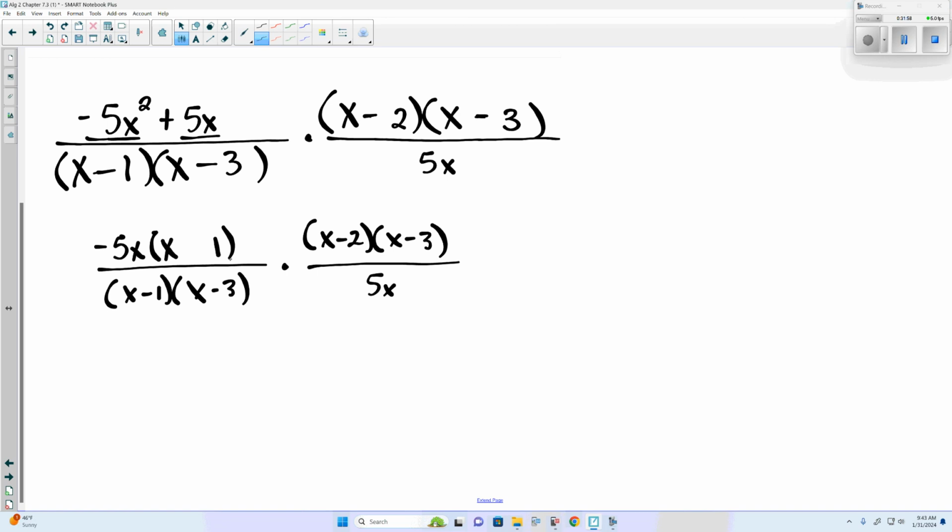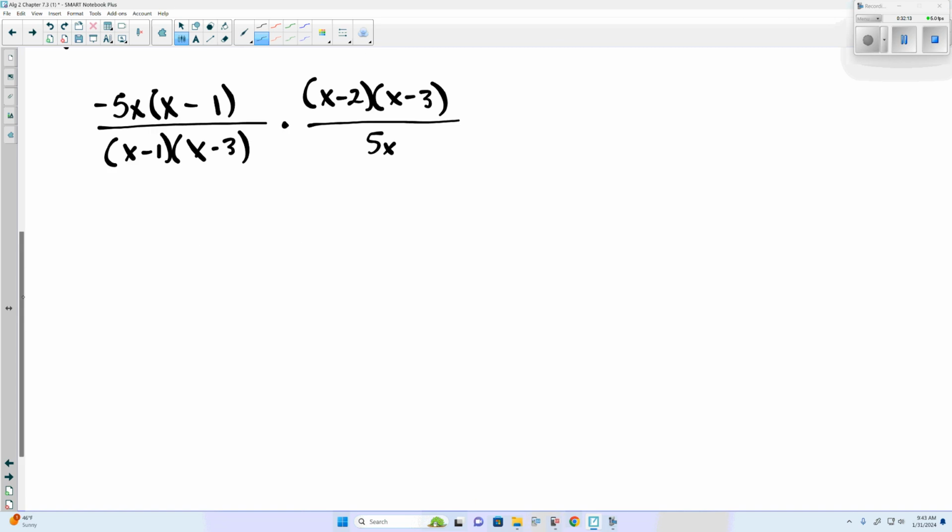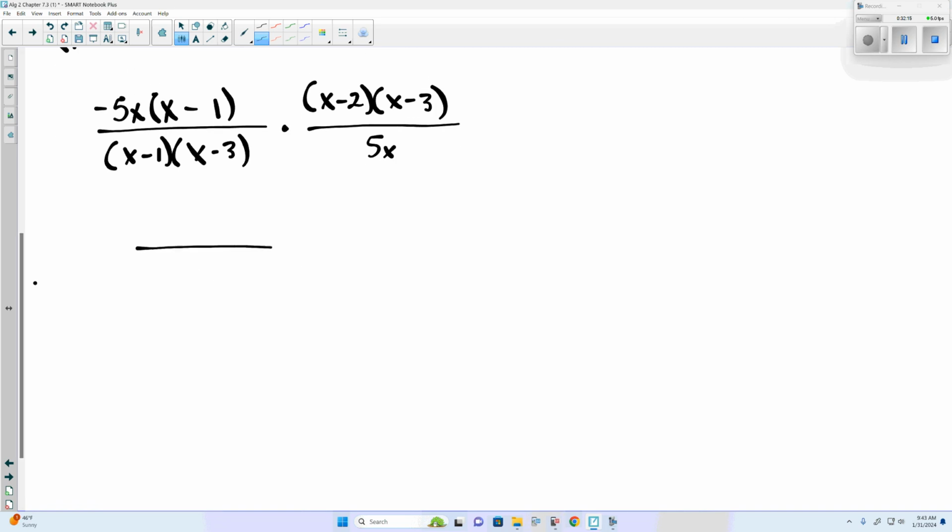But our sign's going to go from positive to negative. And again, what do we have on top and bottom? X minus 1 and x minus 1, yes? So that will help us in simplifying this down.